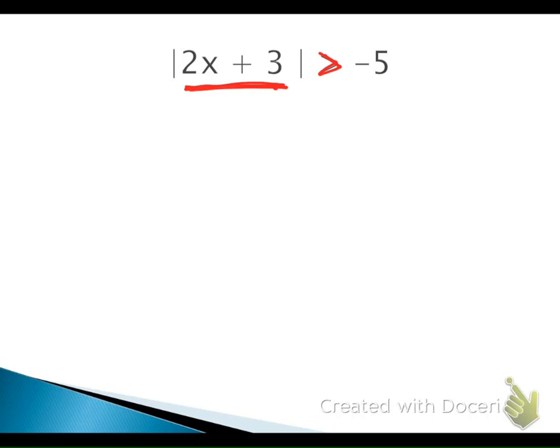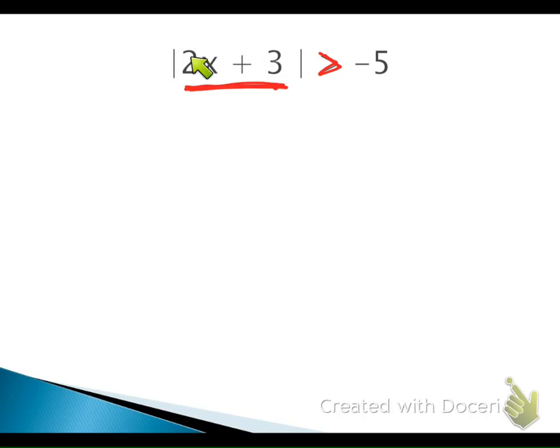Did you say you had one? Well, if I plug 0 in there, I'd have 0 plus 3. The absolute value of 3 is 3. 3 is greater than -5, right? Yep, that's a good guess. There are actually no numbers you could plug in there. Because think about it. If you got, let's say, a -20, when you take the absolute value, it would be a positive 20.